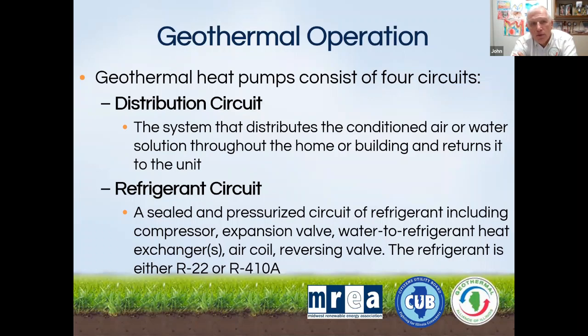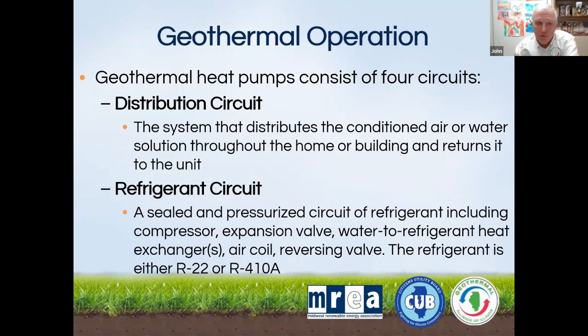The second important circuit is the refrigerant circuit. The refrigerant circuit is in the geothermal unit itself, and I'll show you pictures in a moment. This is the system that takes the incoming water temperature, extracts heat out of it, and then uses refrigerant to basically expand and multiply that to make comfortable heating in the winter and cooling in the summer.